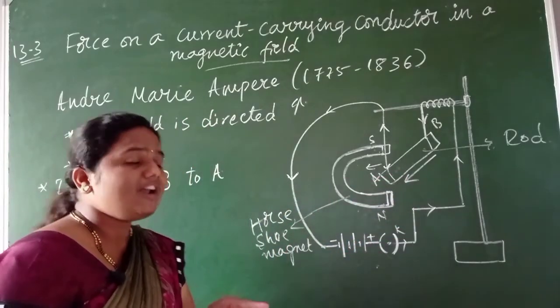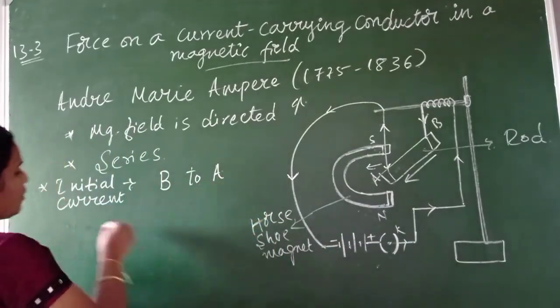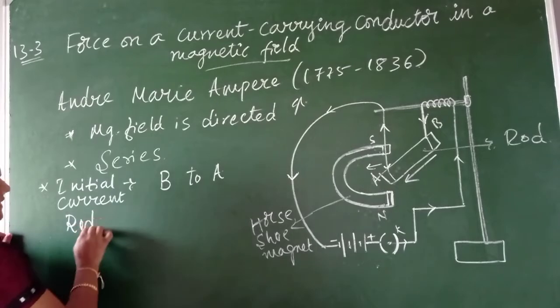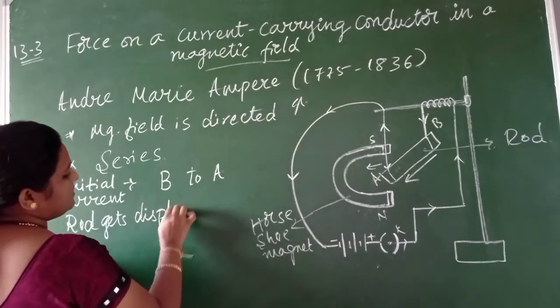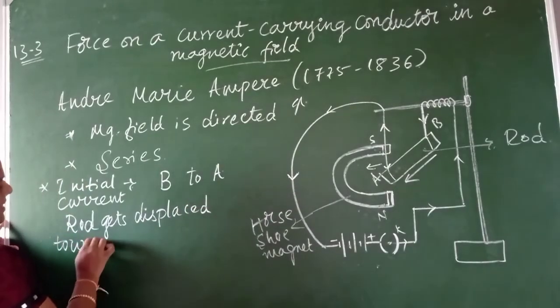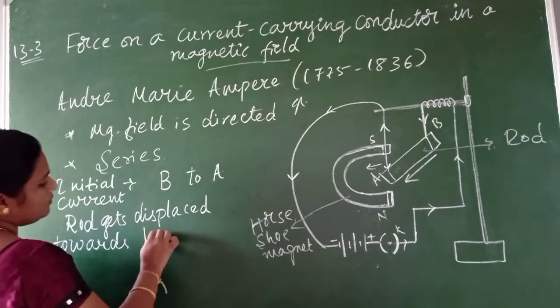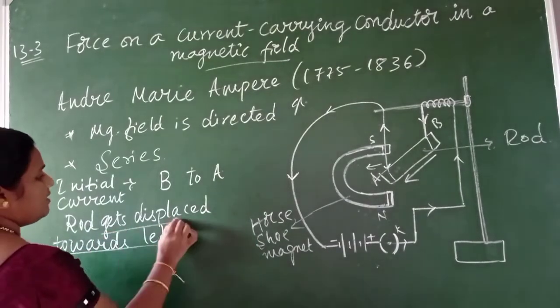Got it, children, my point? When the current starts flowing from B to A, the rod gets displaced towards left. Got it? This is very important, children.